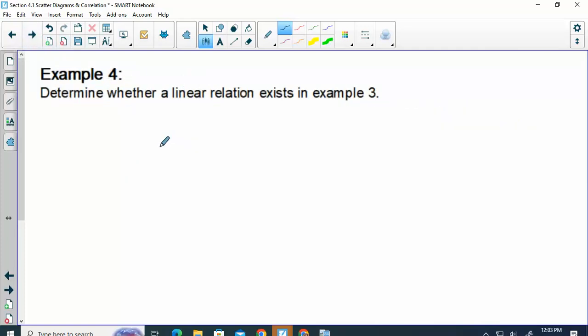So if we want to see if, let's do this in example 2, the one we were just doing, if that was a linear relation. Okay, so in our example 2, we found that R was negative 0.9456, right? What was our sample size? 5. So you go to your table, n equals 5.